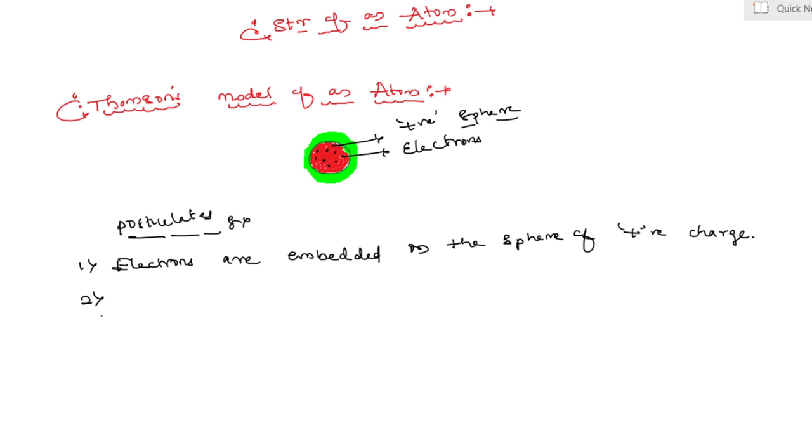Yes. Second one, the negative and positive charges are equal in magnitude. Therefore, the atom as a whole is electrically neutral. Yes, my dear students, it means the negative as well as positive charges are equal in magnitude.